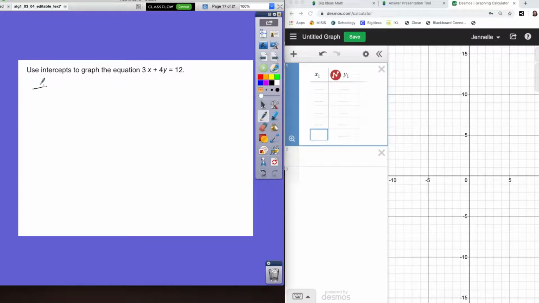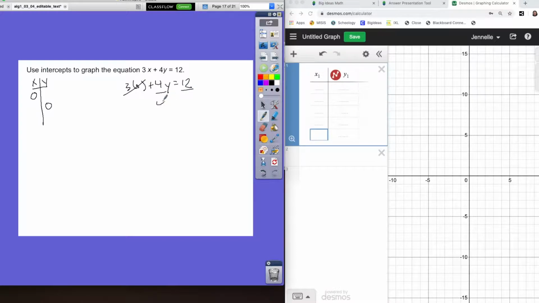Okay, so we're going to write a t-chart here. And for x, we're going to put in 0. And then for y, we're going to put in 0. So, easiest way to do this. This is in standard form, yay, which makes it a little bit easier. Wherever I see x, I'm going to plug in 0. So this is going to be 3 times 0 plus 4y equals 12. That just becomes 0.